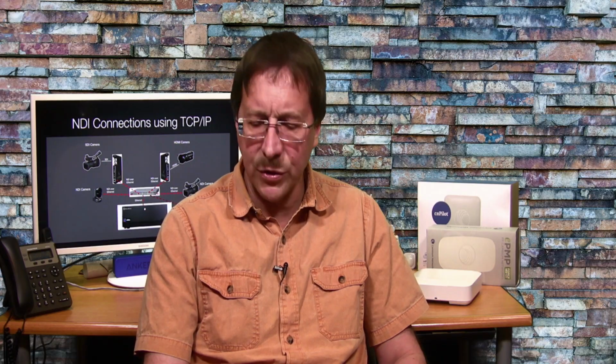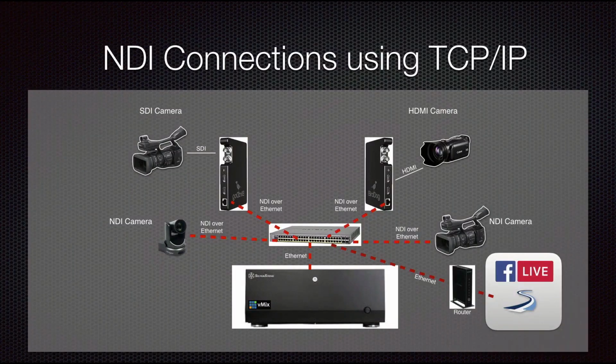So first of all, let's just bring up the slide that we had last week, just as a refresher. The slide last time was NDI connections using TCP/IP. We had a computer system, in this case vMix, but it could be any kind of video system, switcher, etc., that's connected to an Ethernet switch.